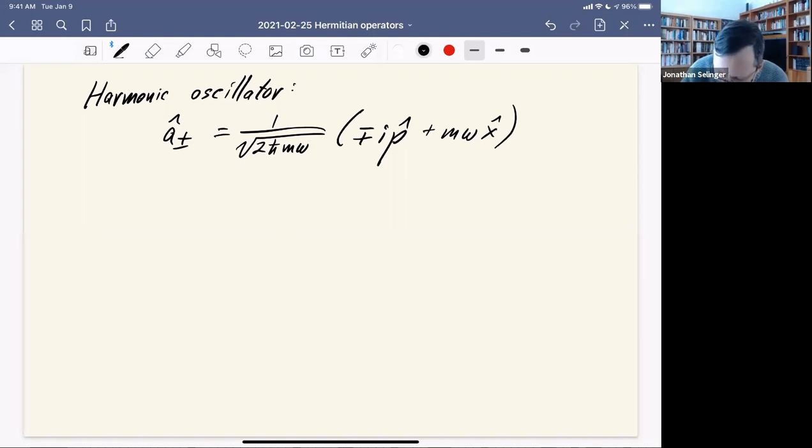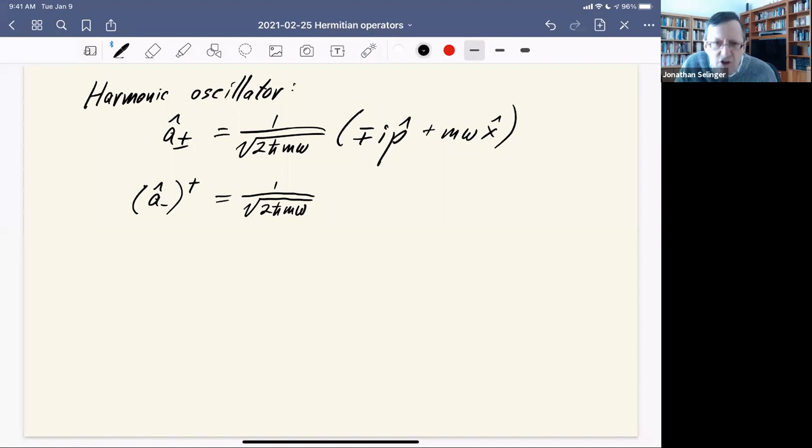Suppose I want to know what is the Hermitian conjugate of a minus. So what is a minus dagger? Let's figure it out. I have this factor 1 over the square root of 2 h bar m omega.